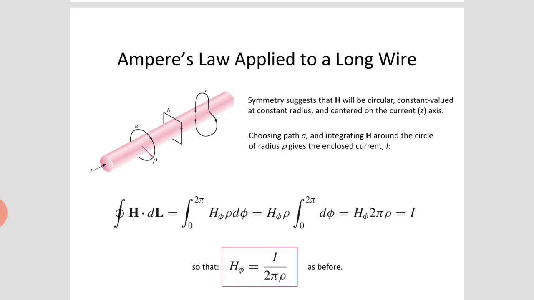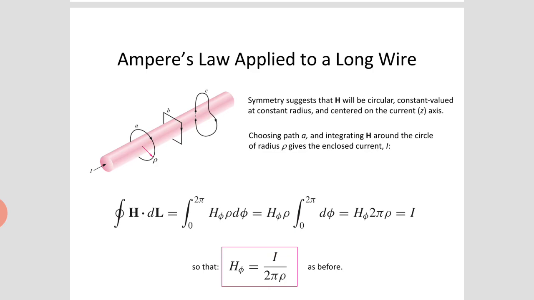Now the closed integral over A of H dot dl is equal to the integral with limits 0 to 2 pi, because the circumference spans 2 pi, of H phi rho d phi. The dl is rho d phi and H is H phi.